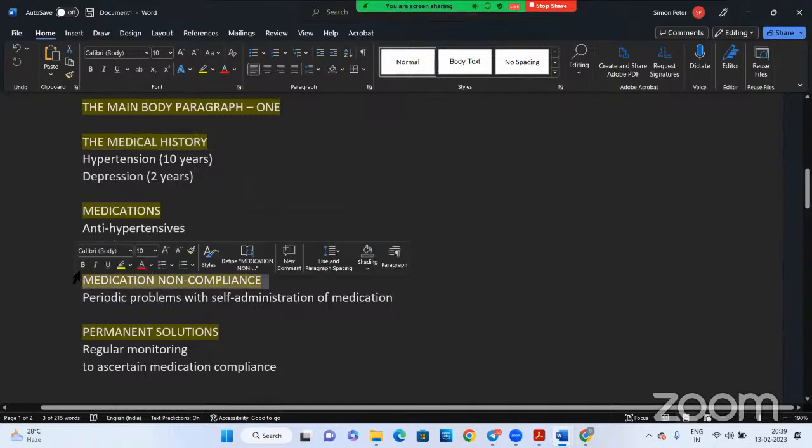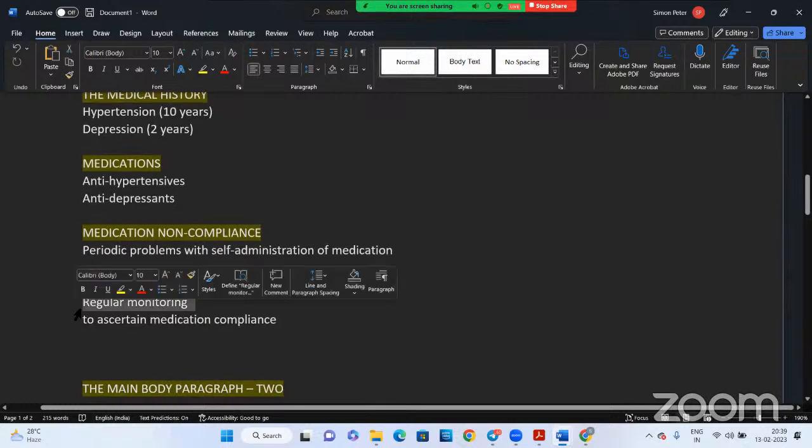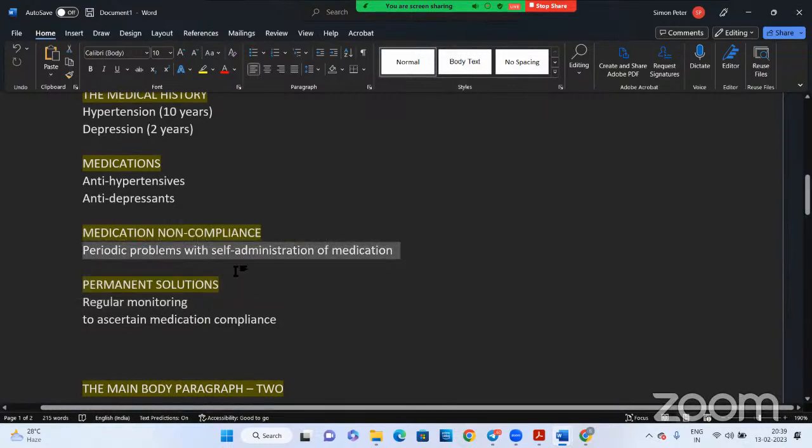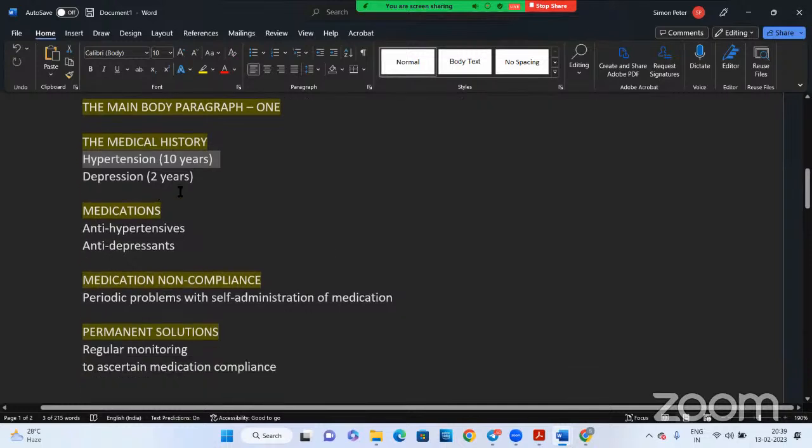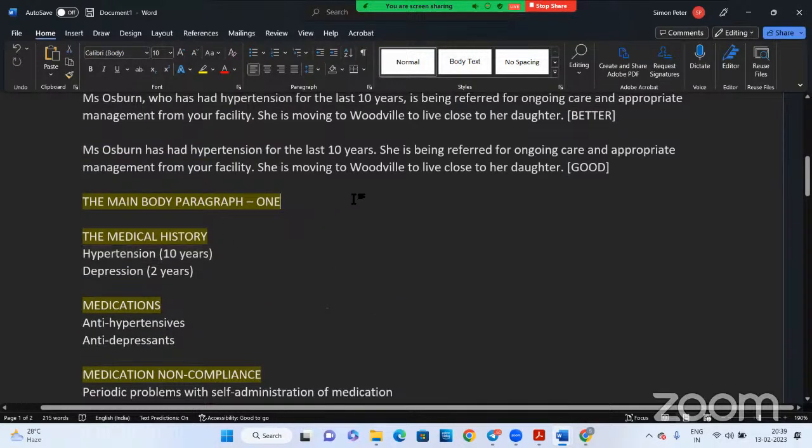She's not able to manage with these medications, so make sure of compliance solutions. That's it: regular monitoring of these medications to achieve compliance, to treat this medical condition. So the 4 are related. So this is the medical history.